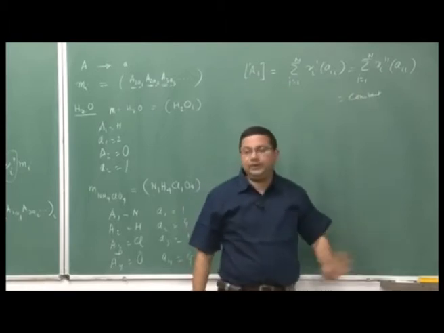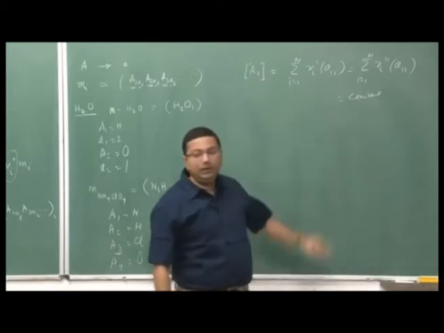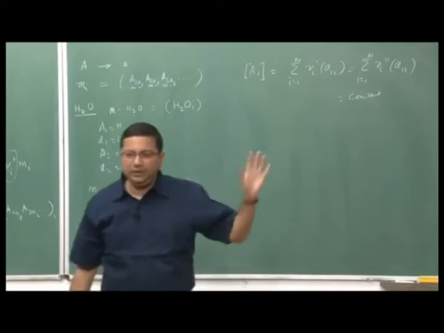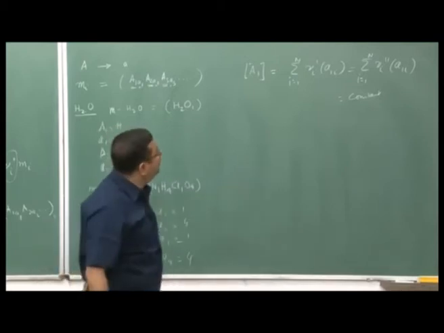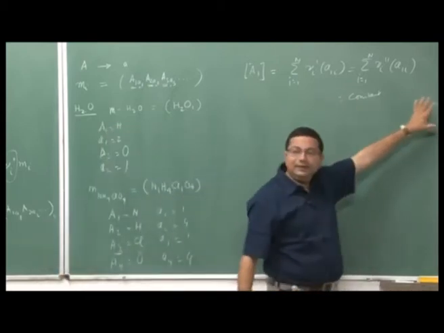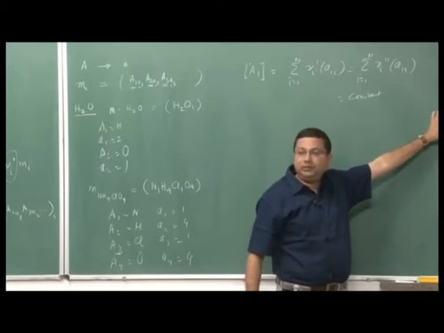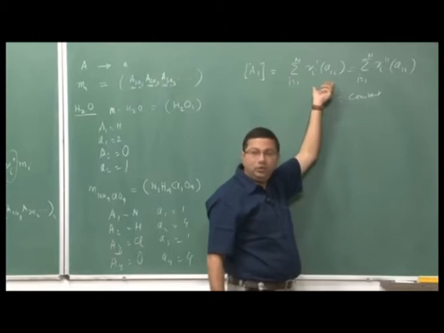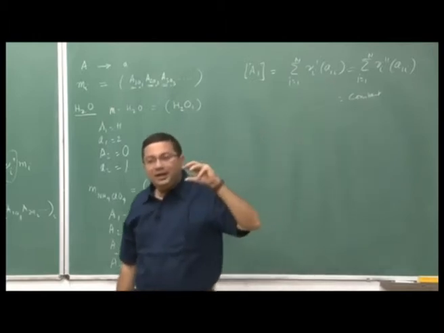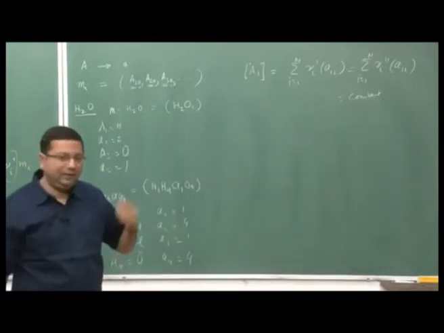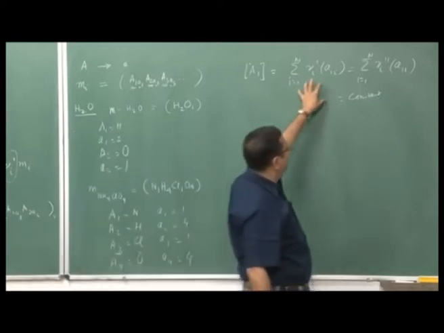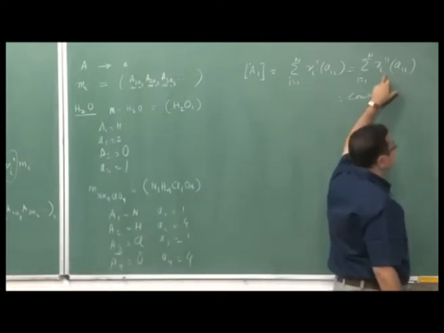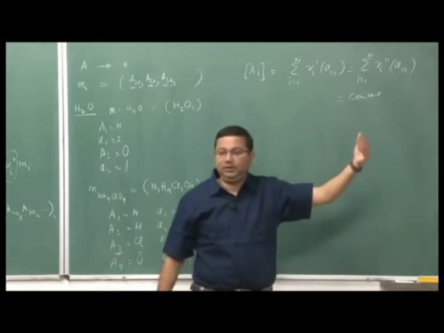Similarly, for every atomic species we can get the conservation equation, and as you can see this is an algebraic equation. This term is known because we know what the reactants coming in are, either fuel or oxidizer. This term is known. This is the unknown which we need to estimate.